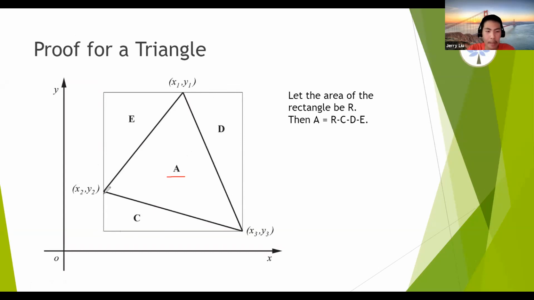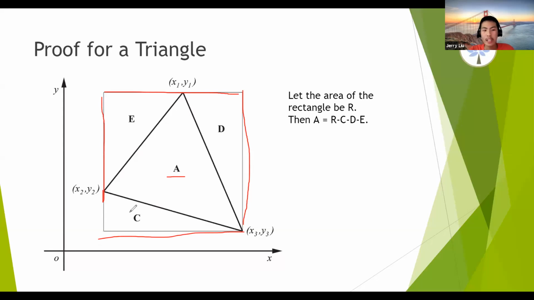From the leftmost vertex, you draw a line parallel to the y-axis. From the topmost, you draw a horizontal one. And from the rightmost, you draw lines parallel to the 2 axes. This will form a rectangle.